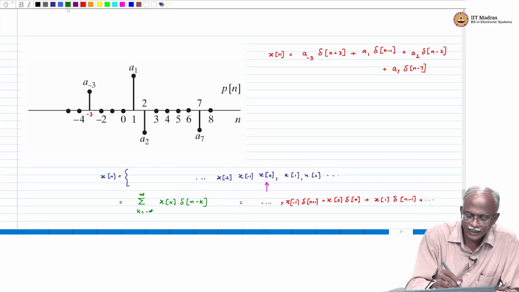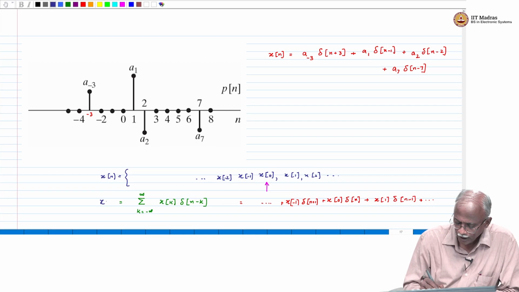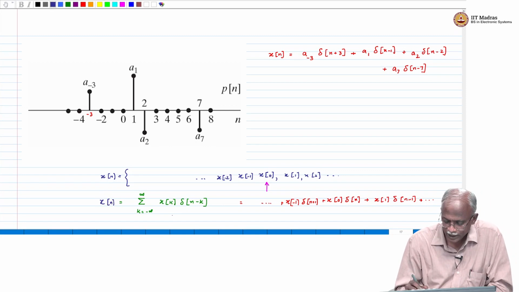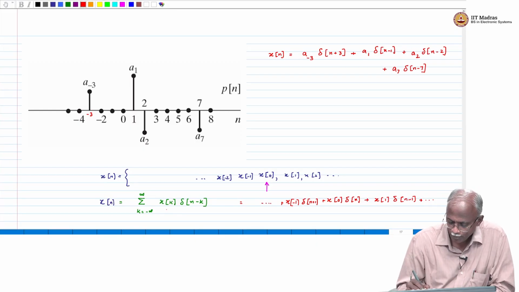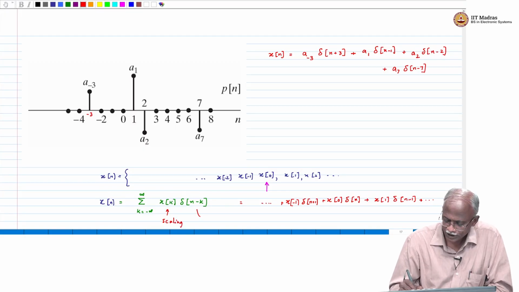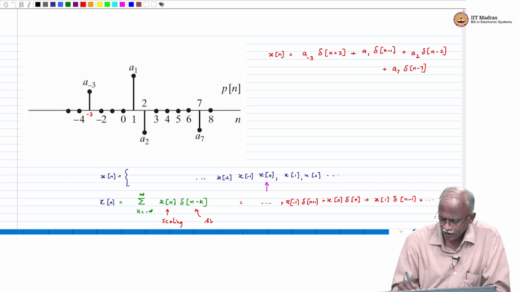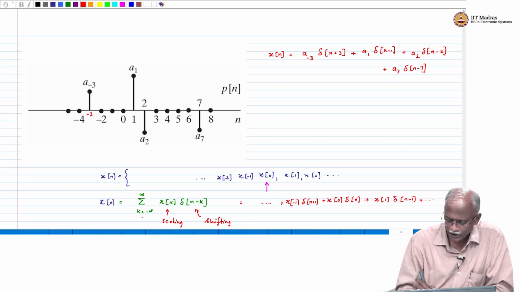So, x of n can be represented by means of the following expression, where this represents scaling, this represents the shifting in time, the position where it occurs, and of course, this is a summation.